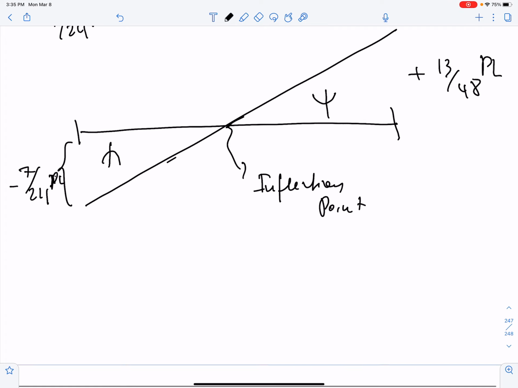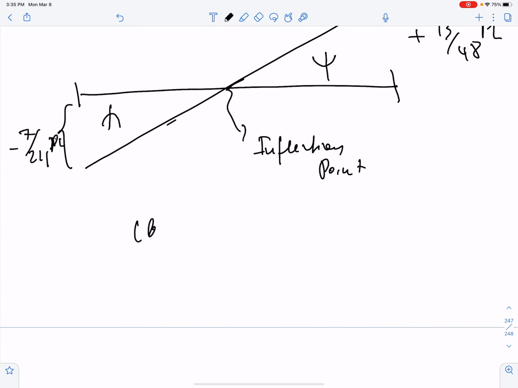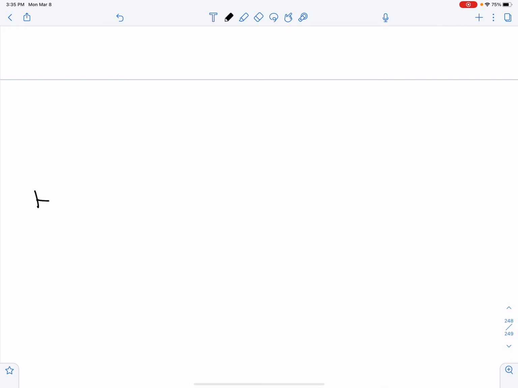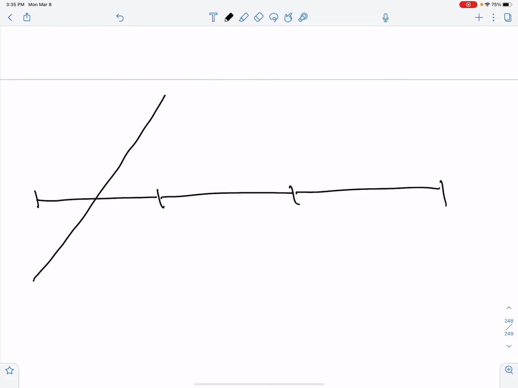All right, and so then you repeat for elements B and C. And what you find when you put them all together, in the first element, you go from minus 7 over 24 PL, that makes it concave, to plus 13 over 48 PL, makes it convex.